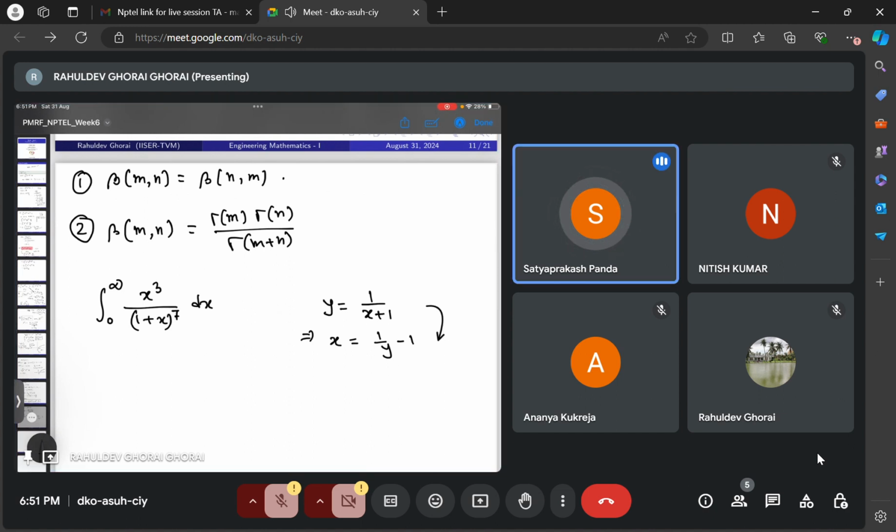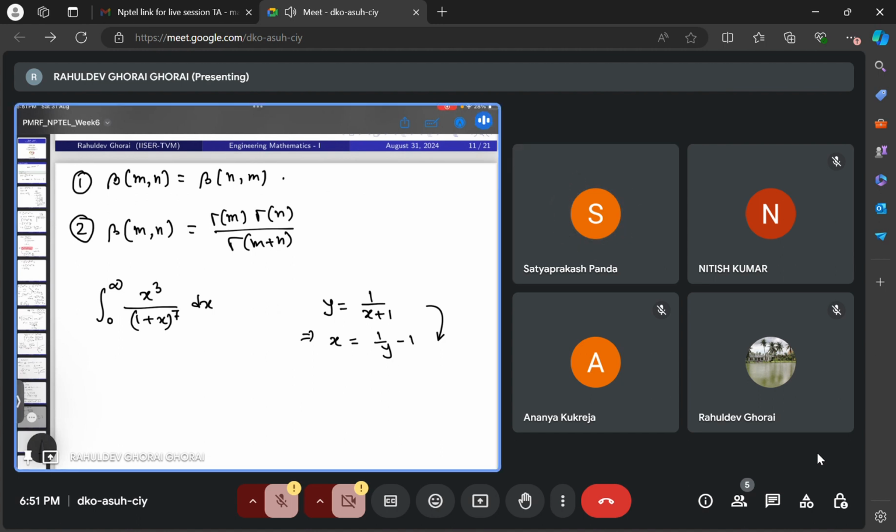I have taken 1 by 1 plus x equals y. So y equals 1 by x plus 1, which implies x plus 1 equals 1 by y. So x will be 1 by y minus 1 only, right? Yes, sir. Okay.